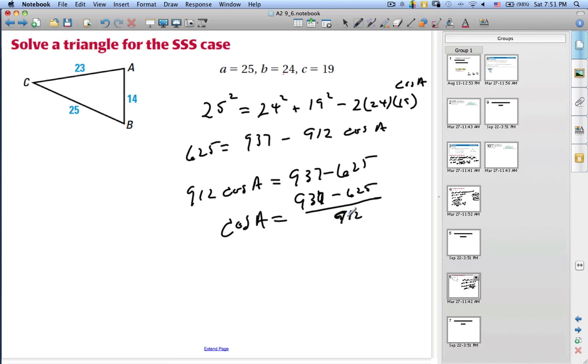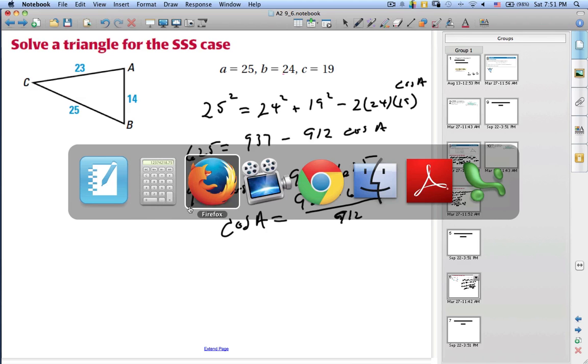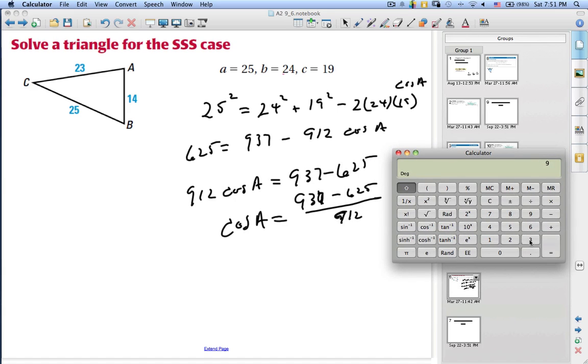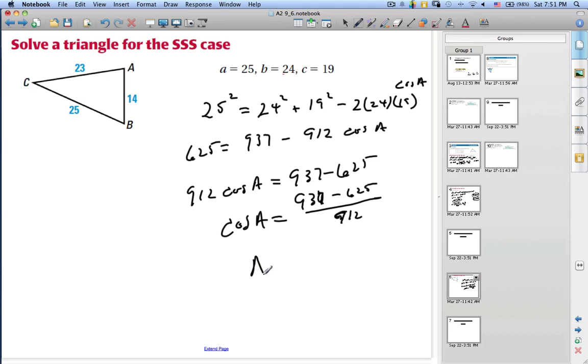And when I use the inverse cosine function, I'll be able to find angle A. So let's go through these steps. 937 minus 625 equals 312, divided by 912. And this is the cosine of A. So if I now use the inverse cosine, A is 70 degrees. Okay, so angle A is equal to 70 degrees.